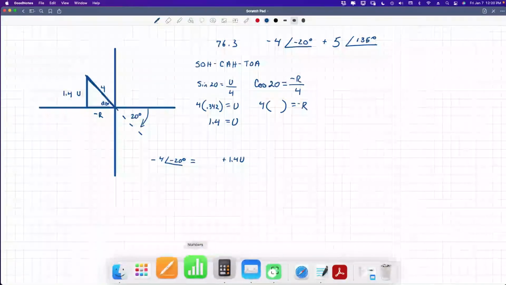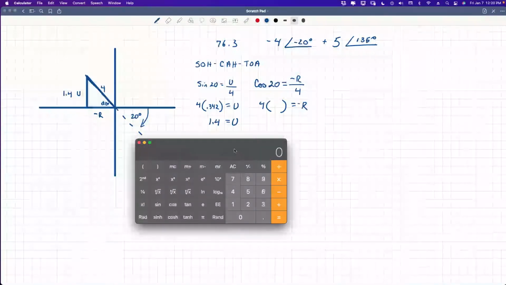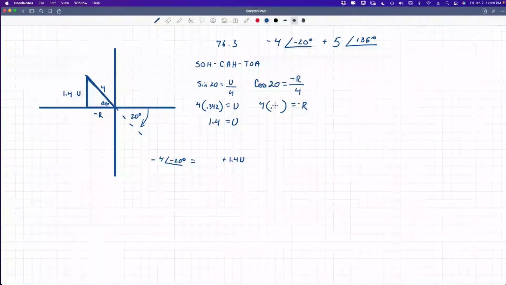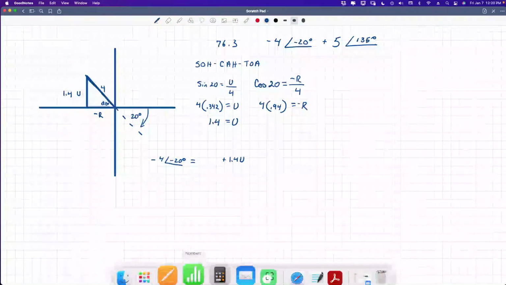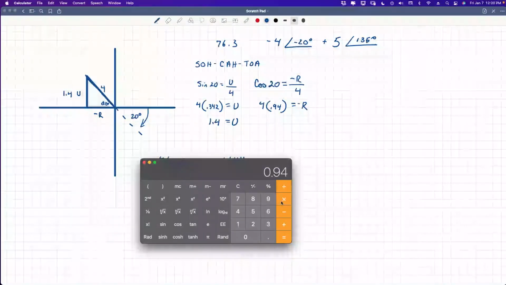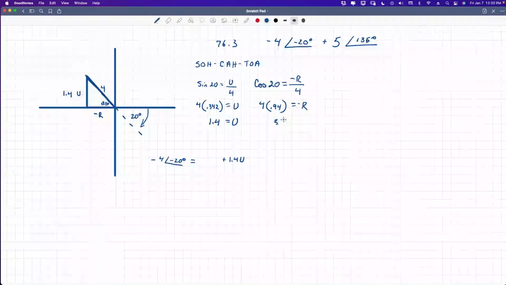We pull up our calculator and put in cosine of 20. We have 0.939, which we can round to 0.94. 0.94 times 4 is 3.76. I'm going to round that to 3.8. So 3.8 is equal to negative r.